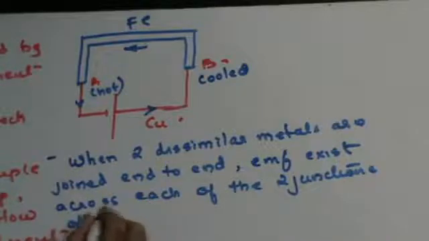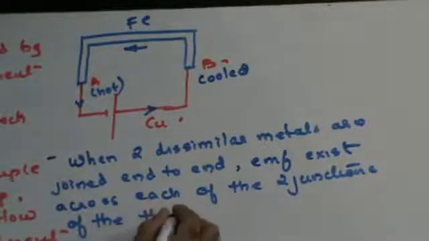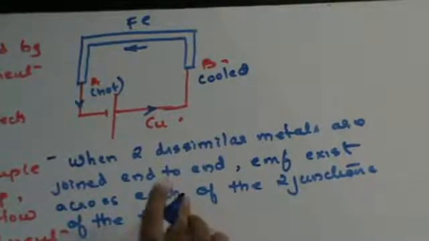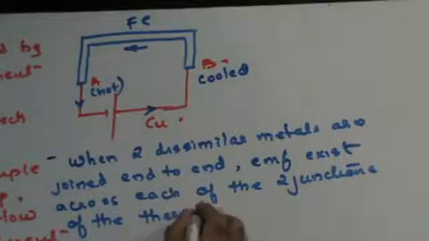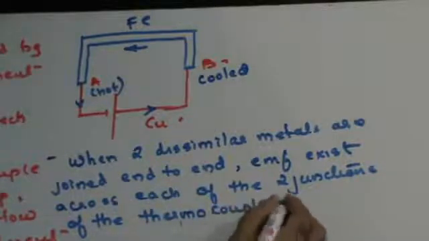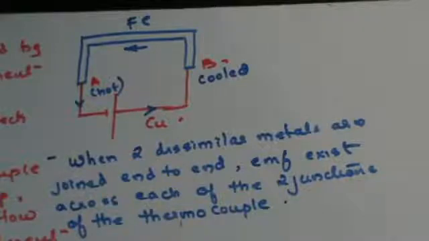This I had explained to you when I explained what a thermocouple is and how it is formed. Because the two are going to have different coefficients of resistance, as a result, an EMF is going to be developed at the junctions of the thermocouple. That is, a contact potential is going to be established at the junction.